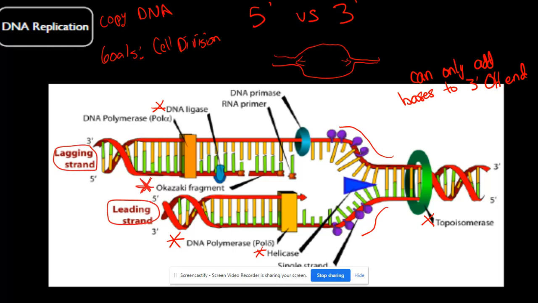So when we look at the term helicase, the ase at the end means what? It's an enzyme. And if you take the word heli, what is that referring to in relationship to DNA? The helix, the helical form of the molecule.